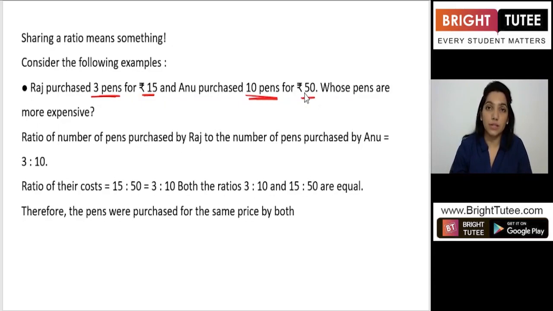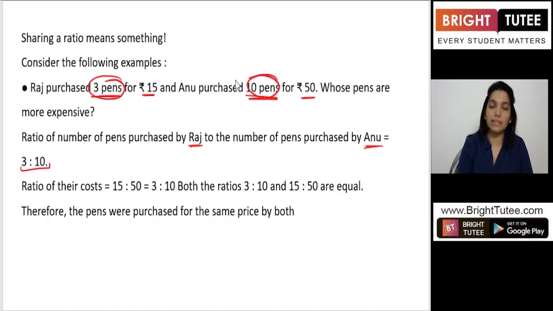To find the answer to this question, let us use the method of ratio and proportion. The ratio of the number of pens purchased by Raj to the number of pens purchased by Anu is 3:10. Is this clear? We are comparing the ratio of pens at first. So it is 3:10. Now, the ratio of the cost of these pens. 3 pens was for rupees 15 and 10 pens is for rupees 50.